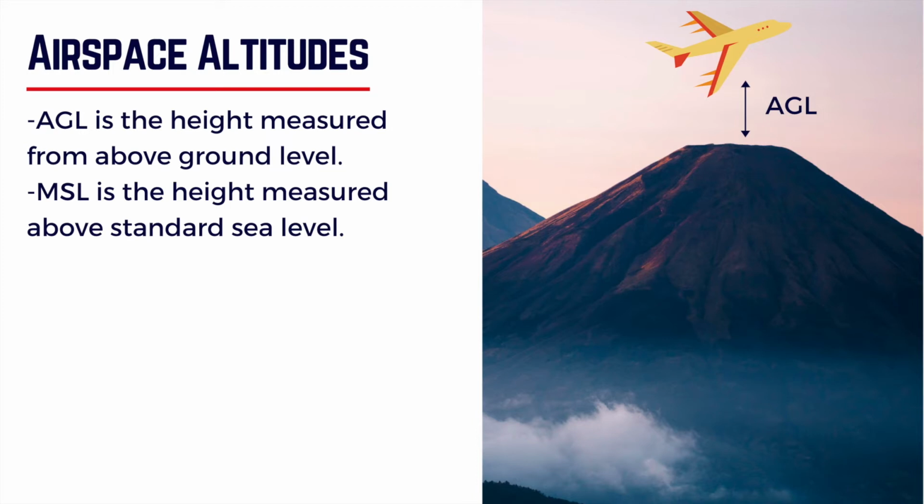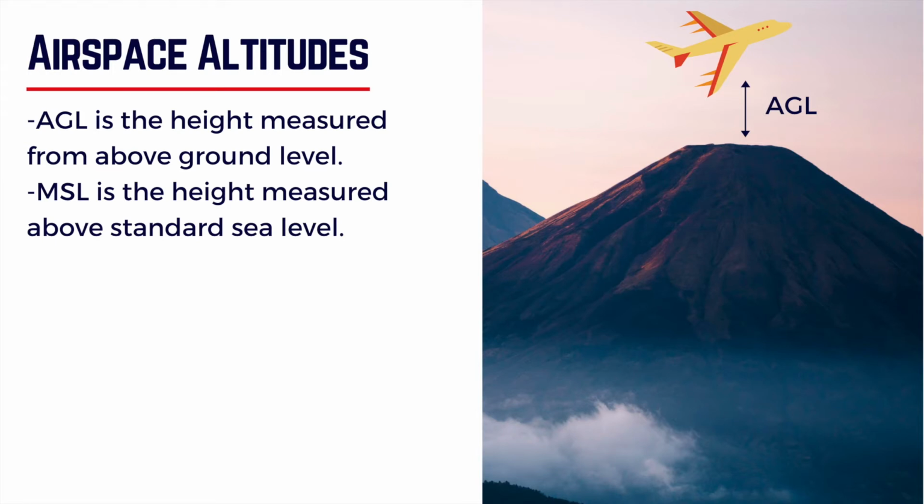Now, this is when we get into mean sea level. MSL is the height measured above standard sea level. So for instance, let's say that mountain was 400 feet above sea level. And now the airplane is still 200 feet above ground level, above the top of that mountain.